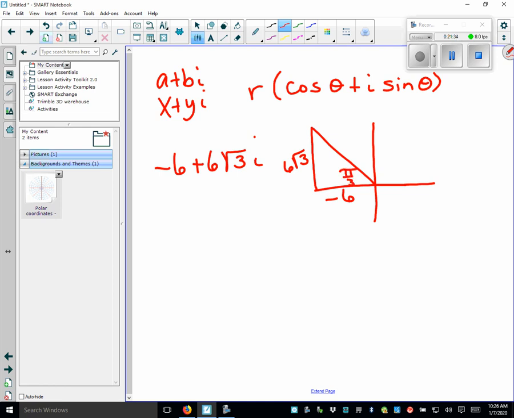So what is this angle? 2 pi over 3? We use degrees. You can. And in degrees, where are you? 120. So my answer is 12 cosine 2 pi over 3 plus I sine of 2 pi over 3. Can we write it as cis?